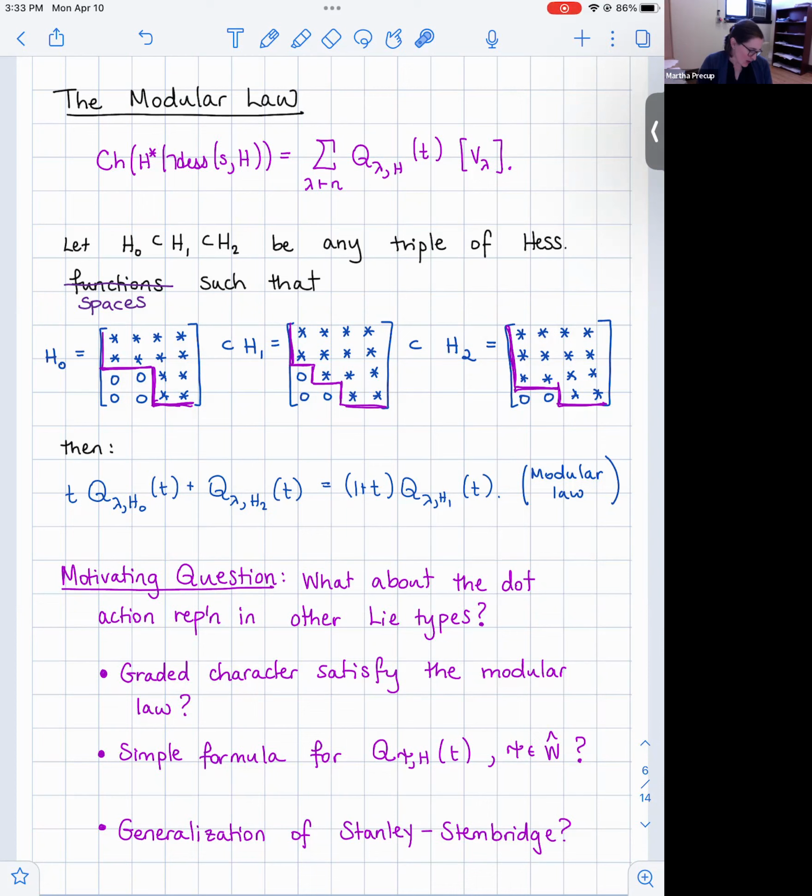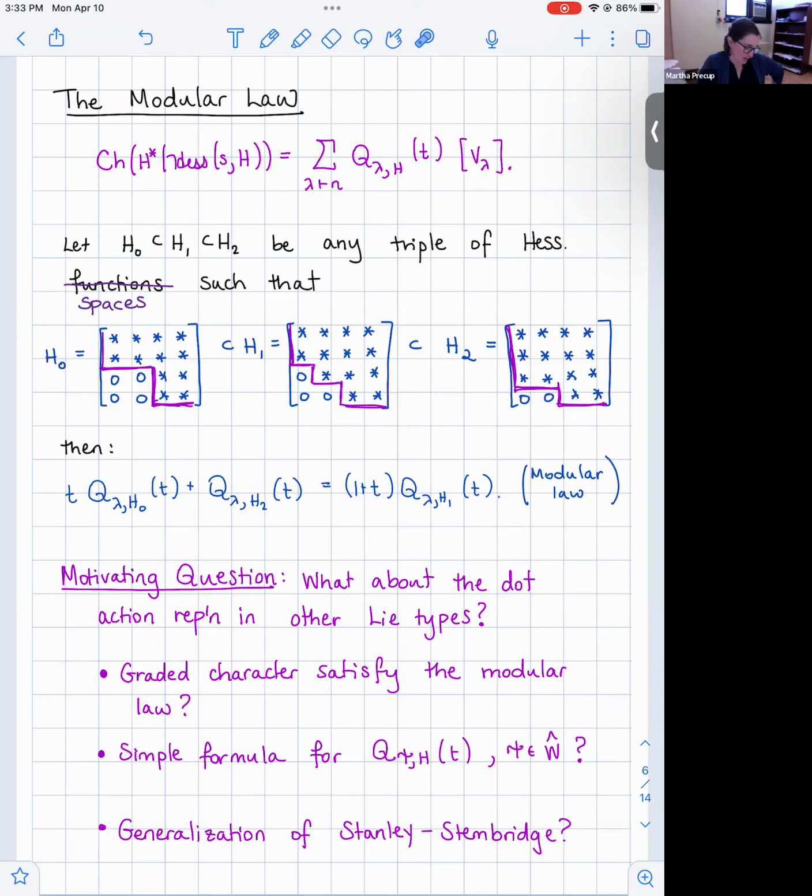So we had some motivating questions. When Eric and I started this project, we wanted to think about the dot action representation. Tymoczko's representation was for arbitrary Weyl groups, not just symmetric groups. So what can we say in other Lie types? Can we show that the graded characters in other Lie types satisfy this modular law? How do we make sense of this modular law for arbitrary Weyl groups, for arbitrary Lie algebras?